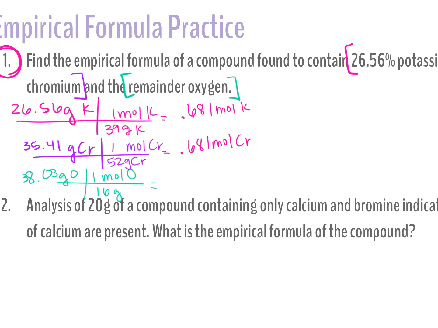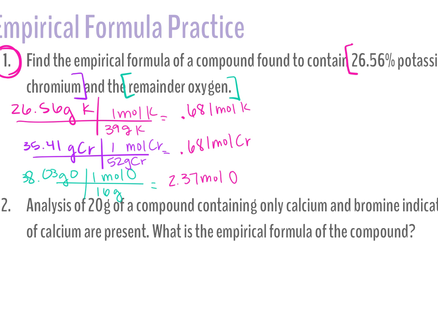What do we get for oxygen here? 2.37 moles of oxygen. Okay, now remember, this is not the point where it's supposed to come out to this nice, pretty whole number, right? This is just when we're converting to moles, so we don't need to be worried about anything yet.